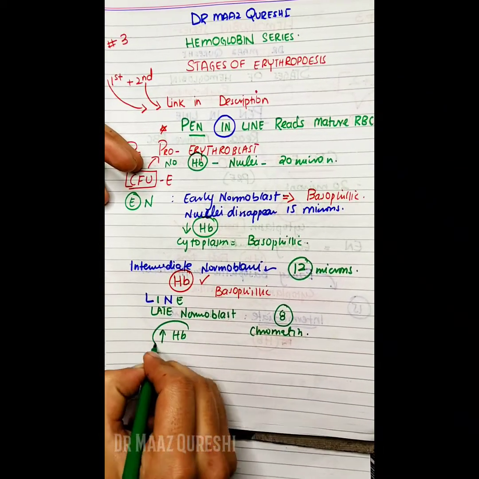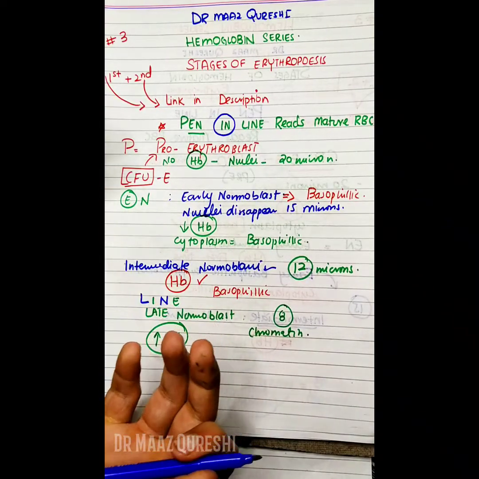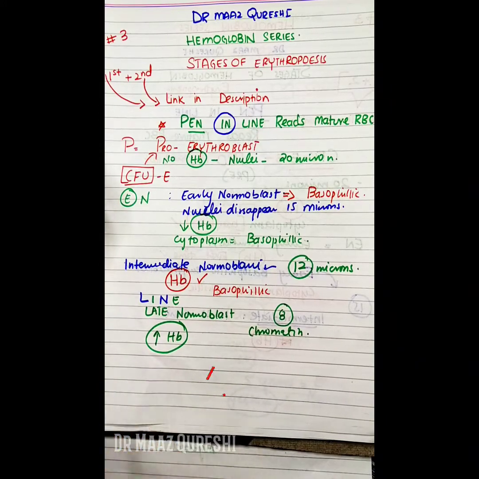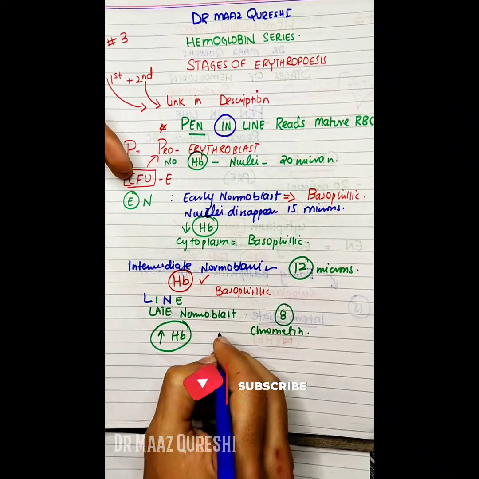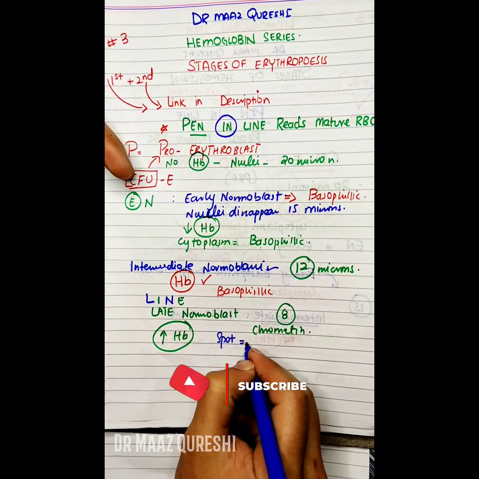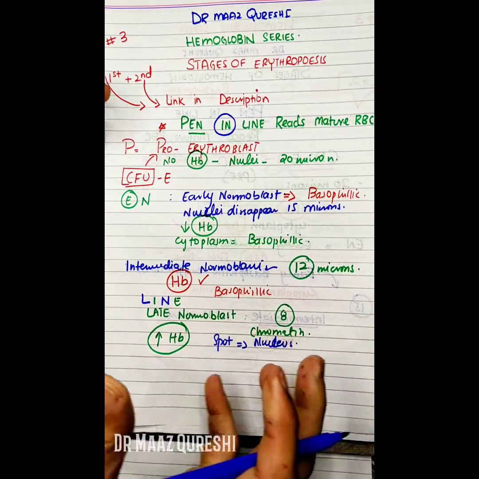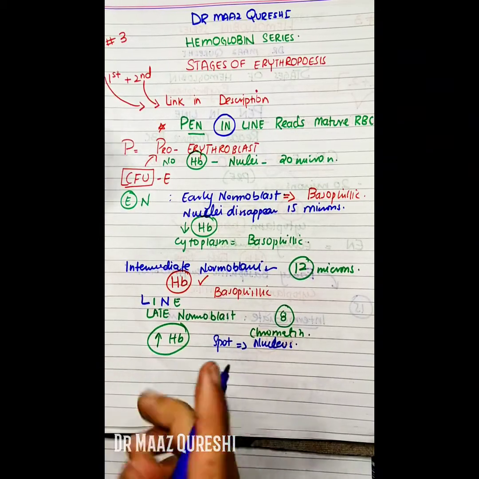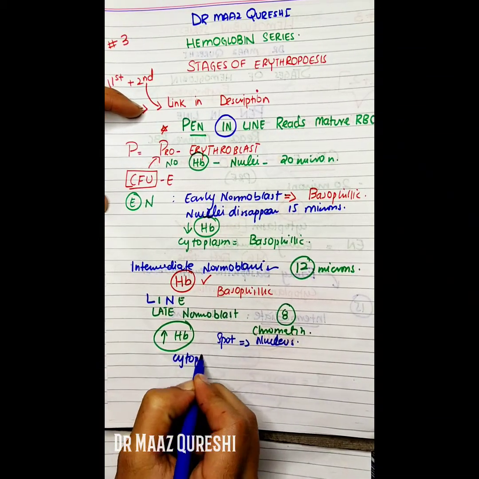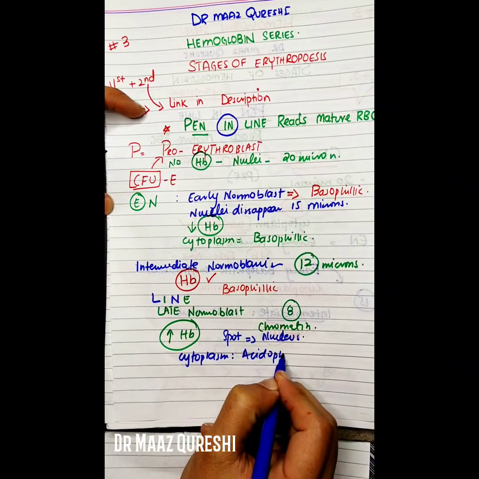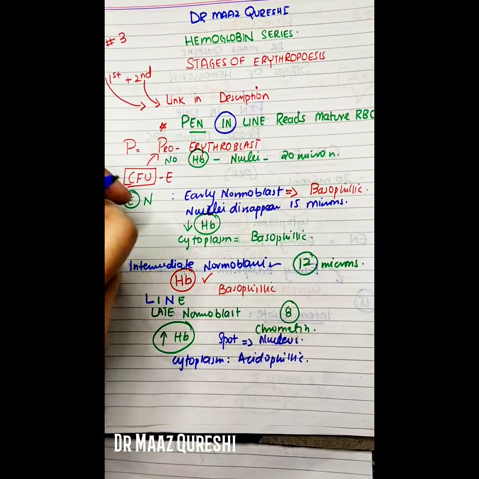Here you have a spot nucleus, called so because it is very small in amount. However, the cytoplasm here is acidophilic, not basophilic at all.